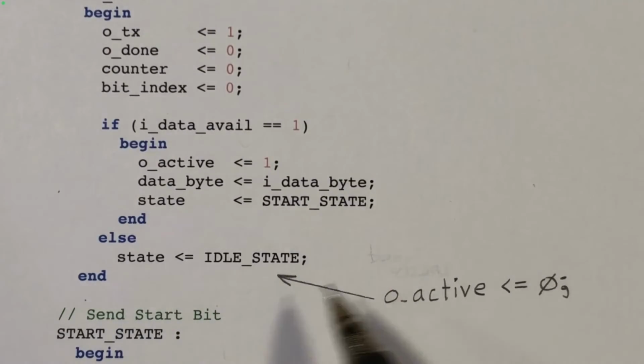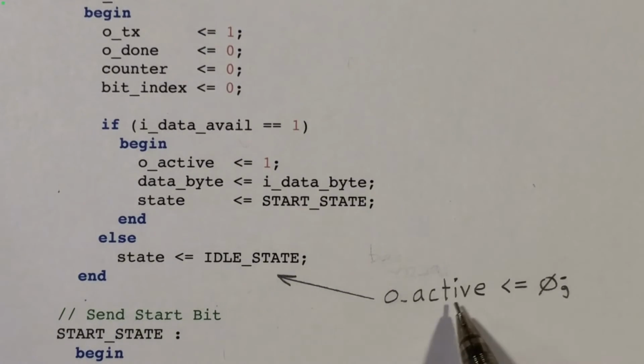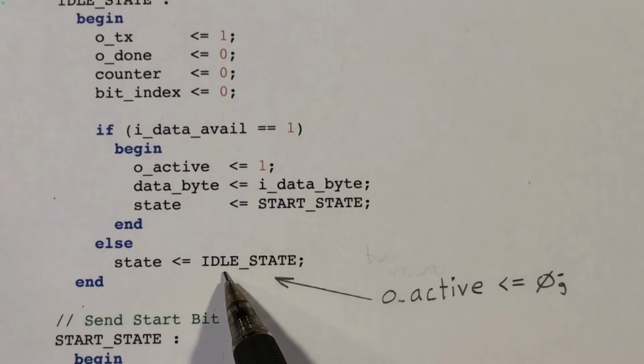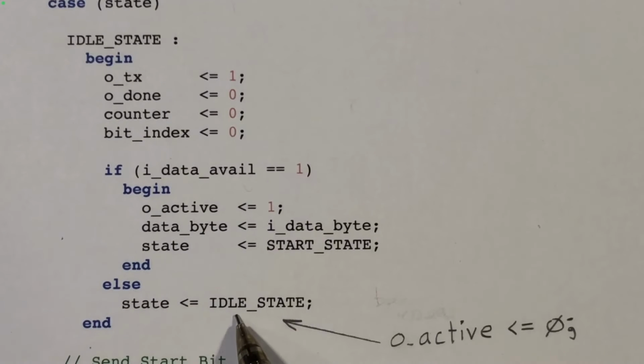Now this code doesn't have this line in it, but I've added it since. We really ought to set the active register to 0 at this point if we remain in the idle state. And why is that? Well, conceivably on power up, this active register could be high, and then it's latched in the high state.